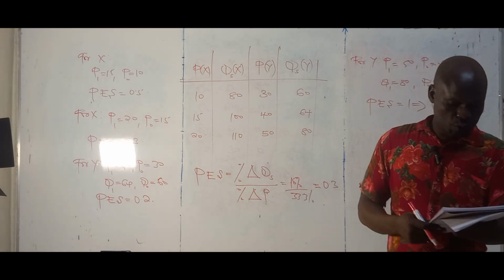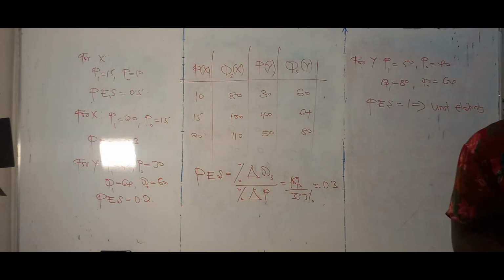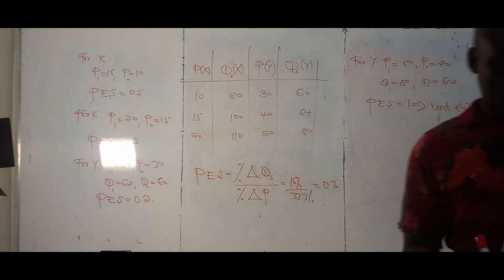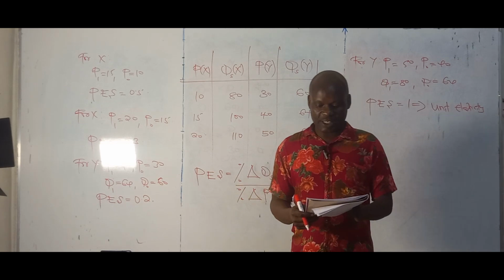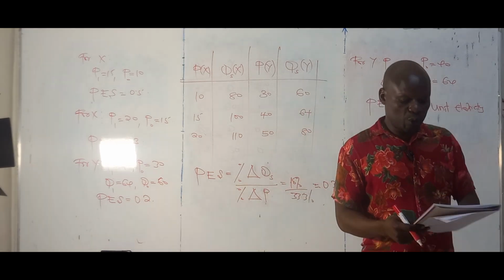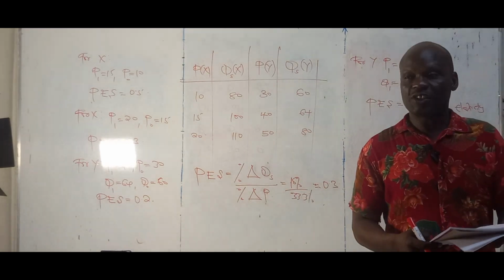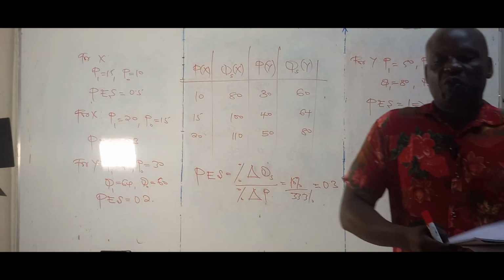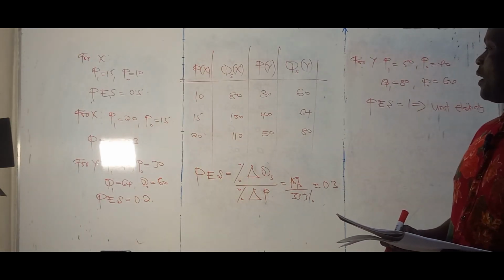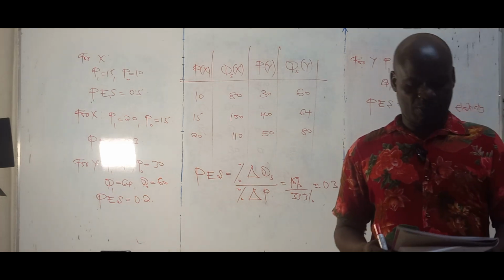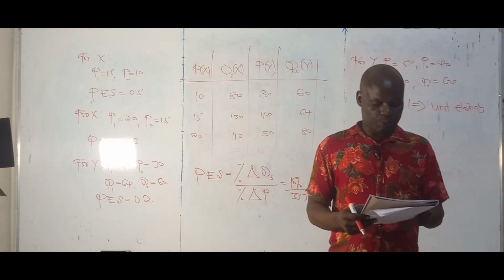So the first one, a PES of 0.2, indicates the supply of Y is highly inelastic in the price range of 30 to 40, meaning producers are even less responsive to price changes in this range. The change in price is so minimal that it does not entice them to increase output.